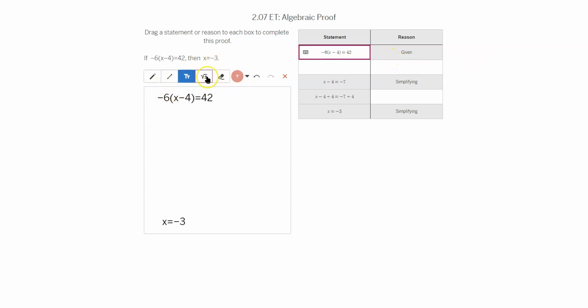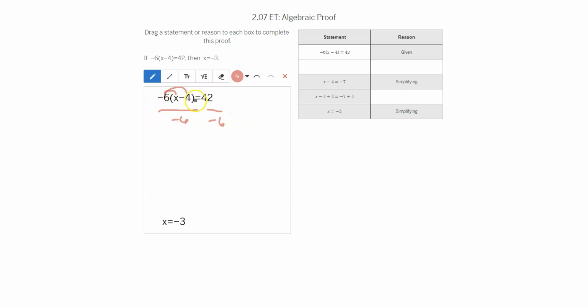They're going to take this -6 right here, and they're going to divide it from both sides. You can definitely do that. There is no wrong way in math to divide or multiply. That means that they just did that instead of distributing.